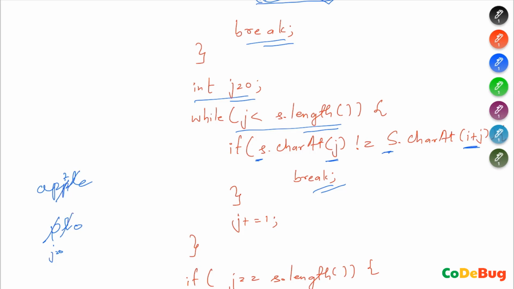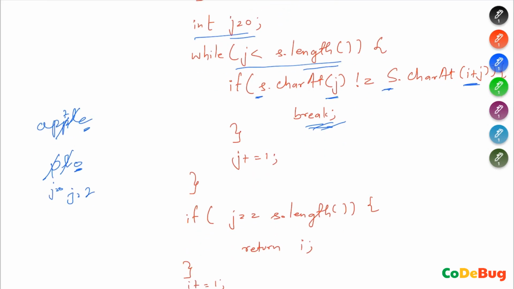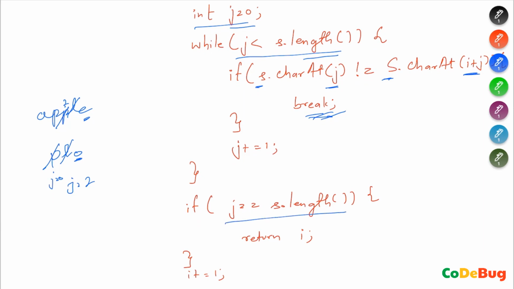We incremented j, fine. But at this point we didn't find it, and in that case we break out of it. So my j remained 2. And finally we check if j is equal to s.length. No, j is 2 here and s.length in this case is 3. So we are not returning i here, and instead we will simply increment our i and try to look for the next character from the haystack and find if the needle is there or not, right?